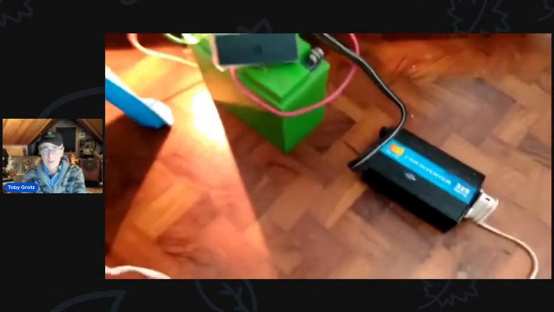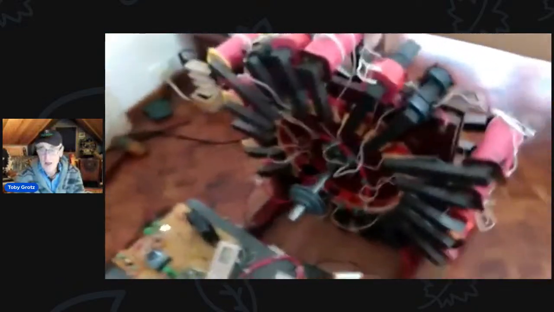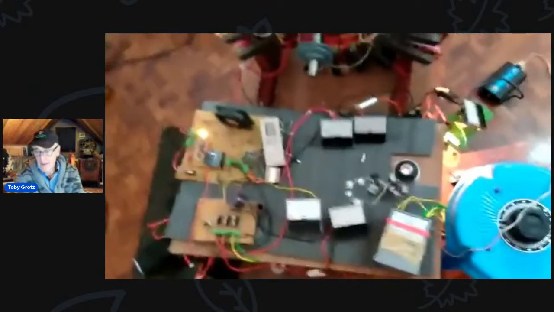Now, you don't see much happening during this test in terms of description of input and output, but what you do see is a motor spinning, and that motor has a number of ferrite cores and coils around the periphery of that motor. And I'm going to show you right now what the schematic of that device looked like.